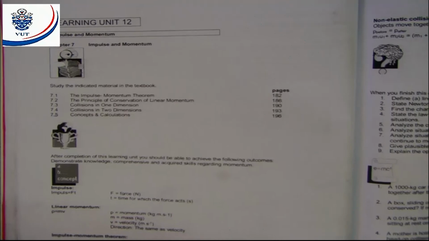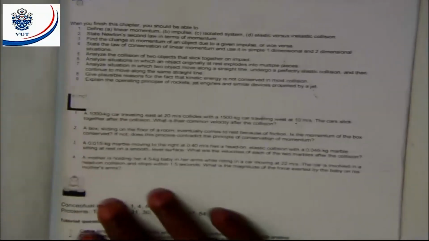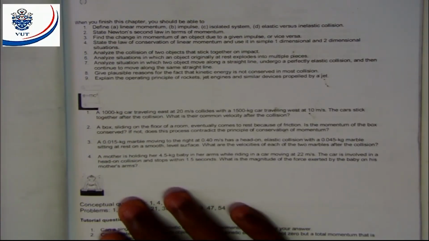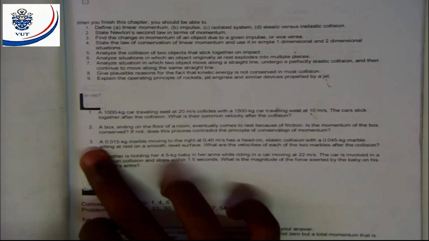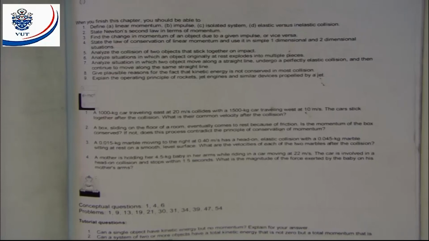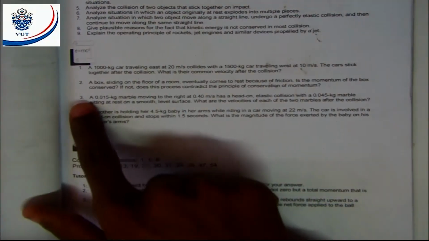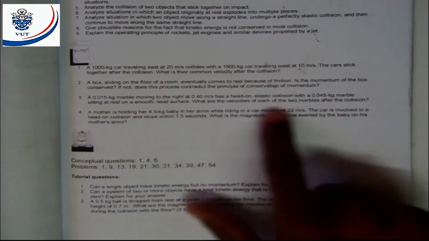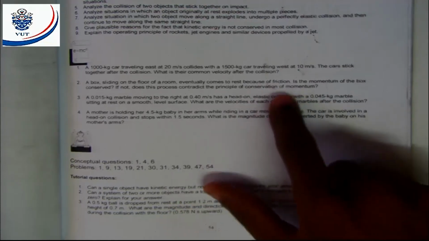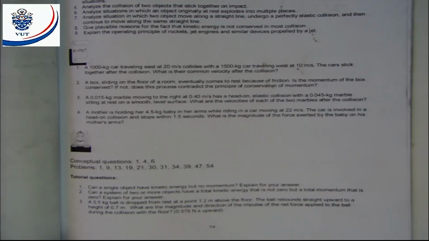What I would then advise is that you check Blackboard. I will put a solution for number 3, which is a tedious question from page 54, from the problems that you do with the lecturers. It's a long question on elastic collision, so we use a combination of conservation of kinetic energy and conservation of momentum.